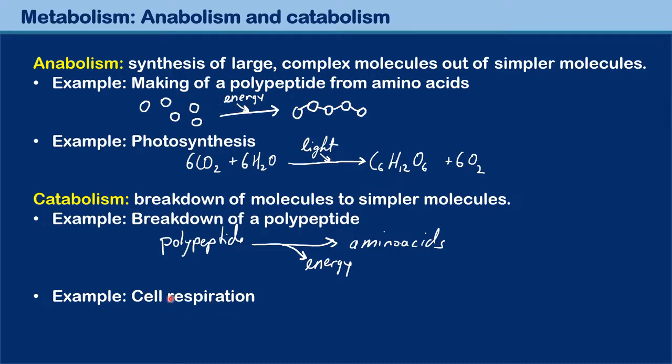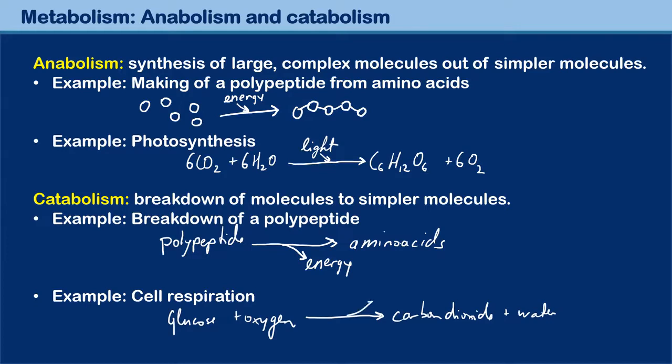And in cell respiration, the cells break down glucose to carbon dioxide and water. So I'm also going to write this out in the form of text. Glucose plus oxygen gas, and what we make is carbon dioxide plus water.